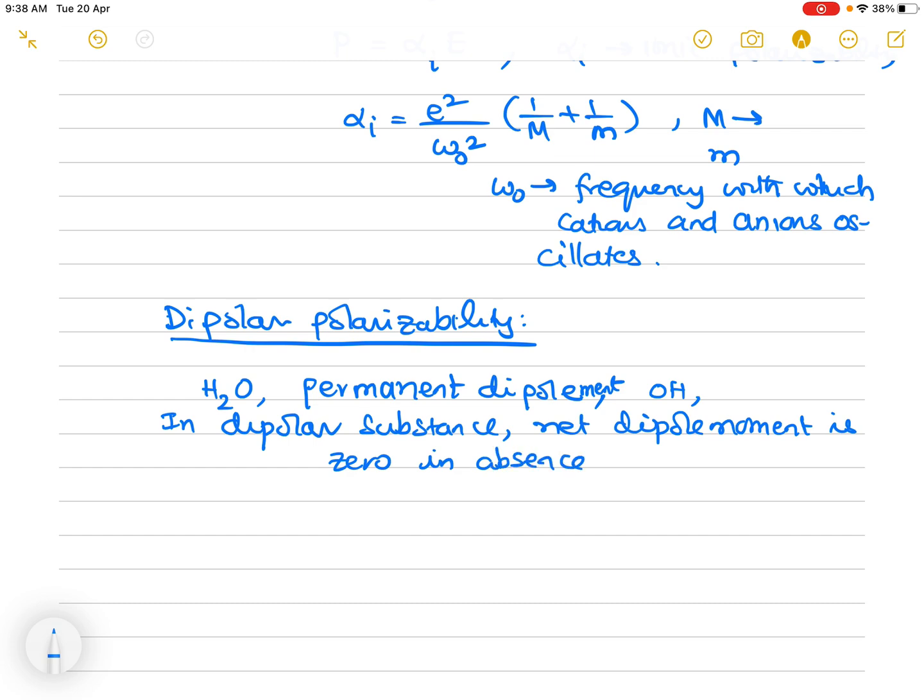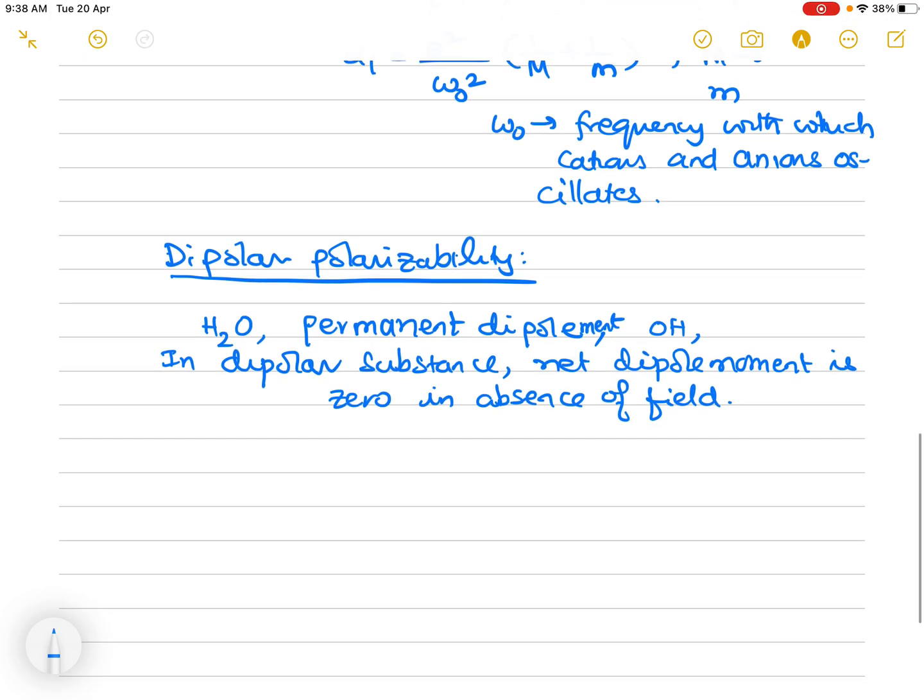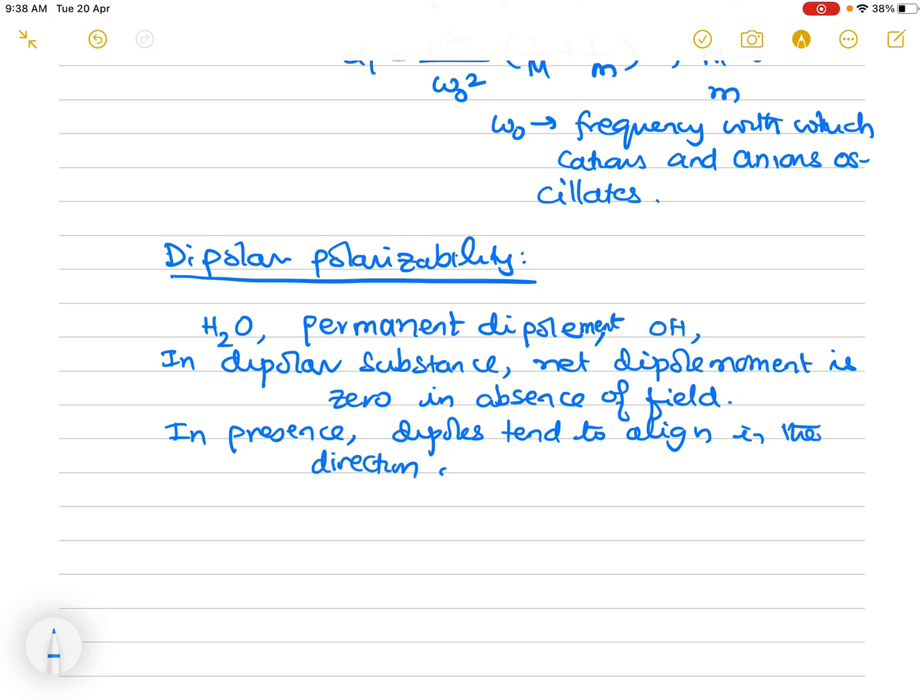Now in the presence of a field, the dipoles tend to align in the direction of the field. So we have a dipole.